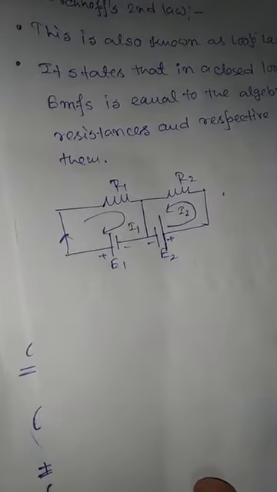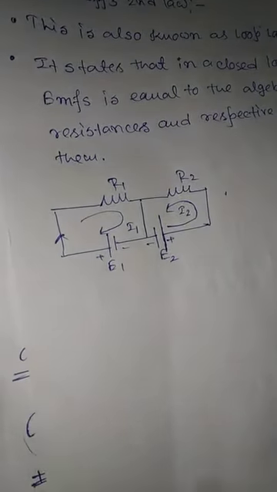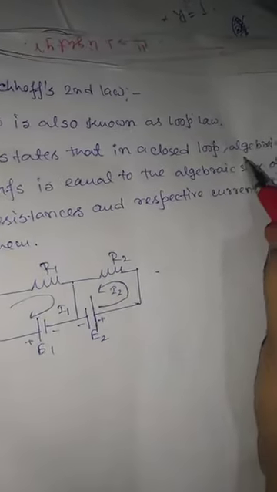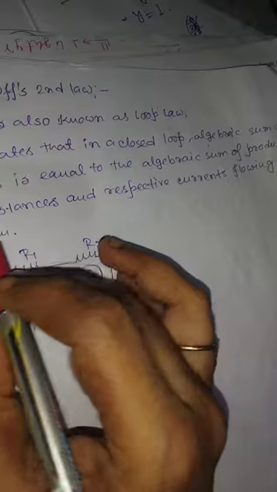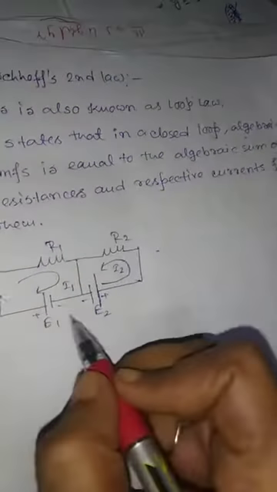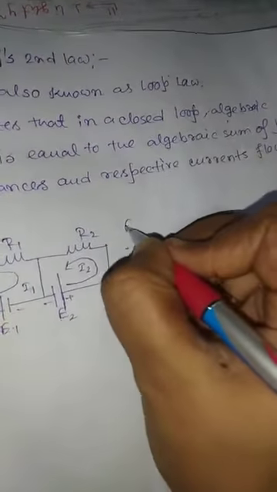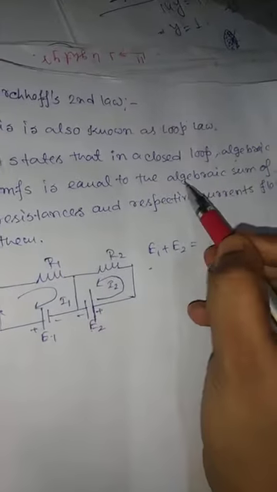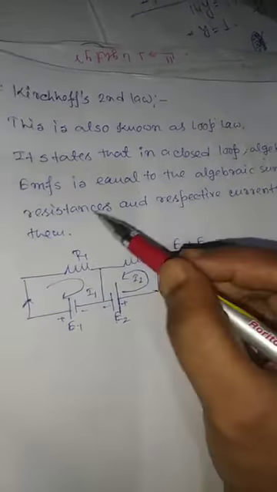Okay. So according to this statement, closed loop. It is one closed loop. It is another closed loop, right? Algebraic sum of EMFs is equal to the algebraic sum of the product of resistance and respective currents flowing through them.